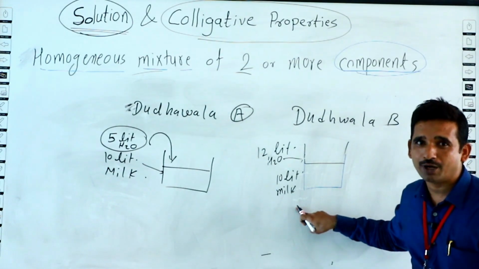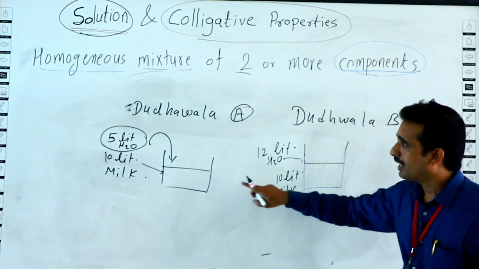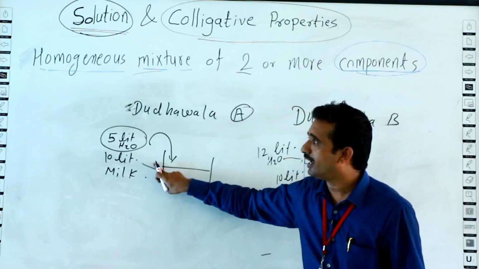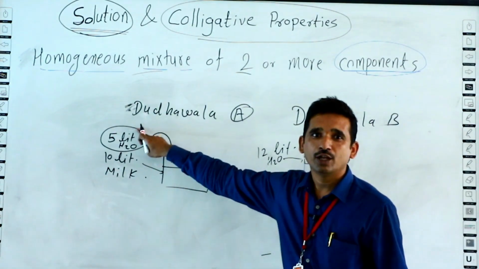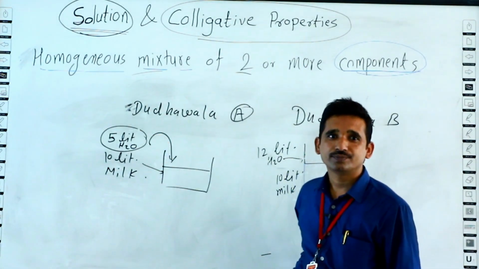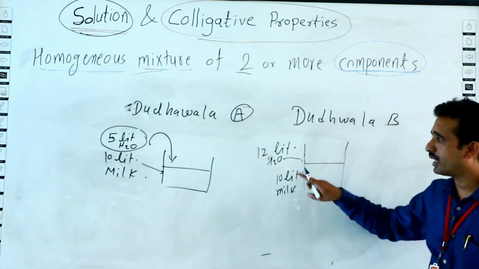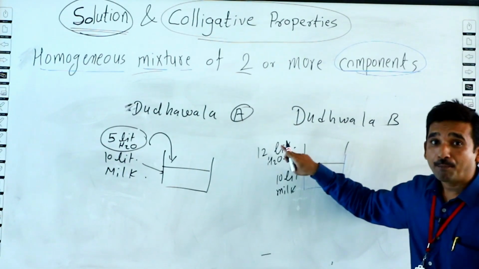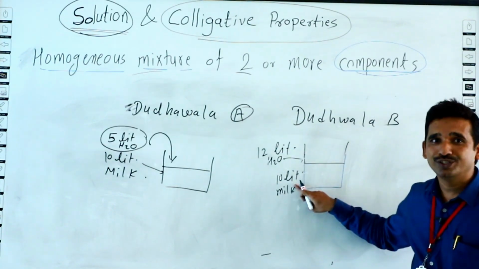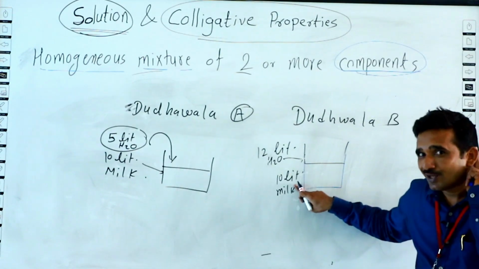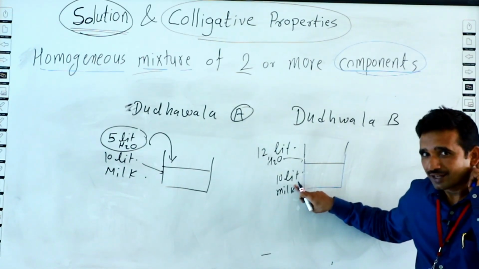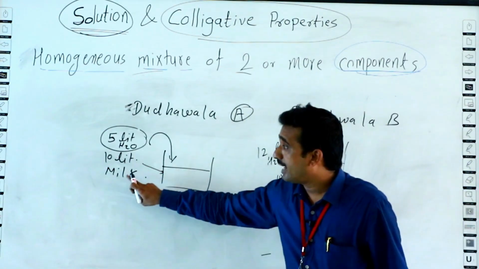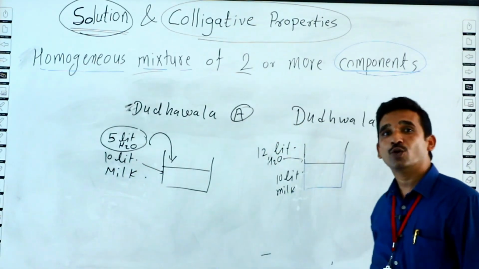A बोलेगा भगवान कसम सर, मैंने पानी में दूध मिलाया. B वाला बोलेगा भगवान कसम मैंने पानी में दूध मिलाया. Are you hearing? आवाज आ रहा है? So 10 liter milk and 5 liter water.